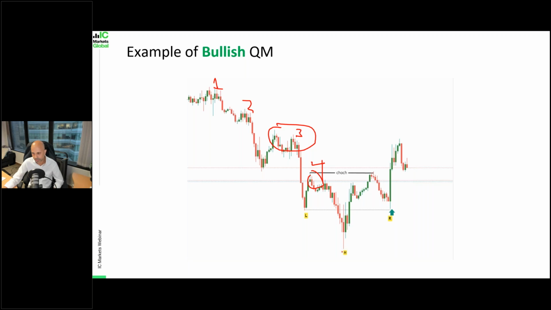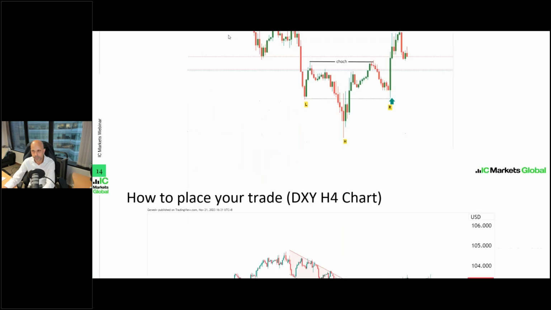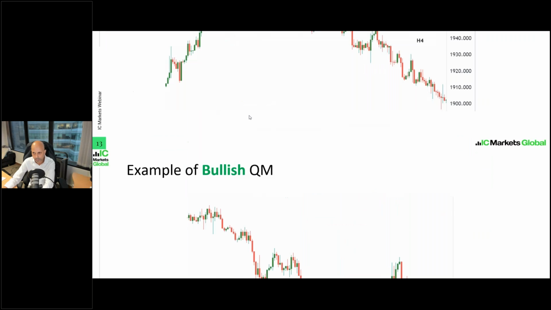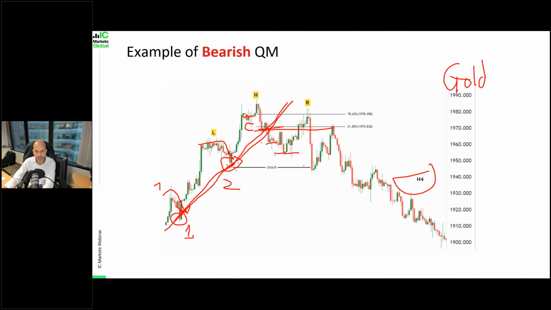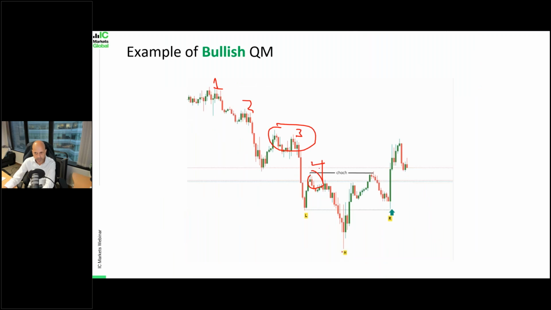And it's then when price started to come up, and if it breaks the top of the wick, as you can see here, right, we're not looking to use the body of the candle, we're using the top of the wick for the bullish pattern, and we'll be using the bottom of the wick for the bearish pattern, right? So it doesn't matter which time frame you're on, basically we'll be looking at the wicks, right?